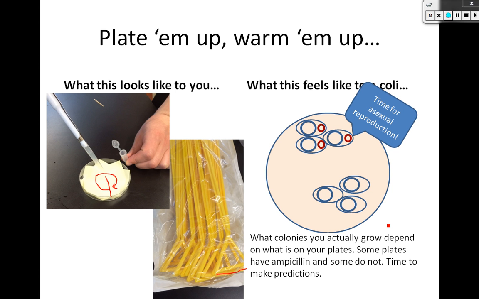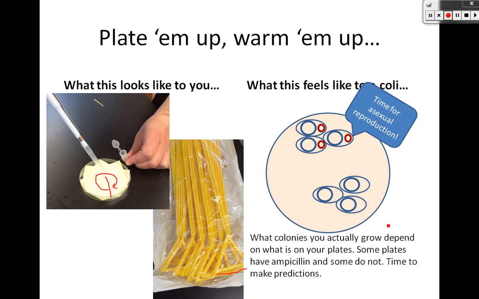You're essentially getting clones. You're replicating the DNA and splitting the cell, and replicating the DNA and splitting the cell. So this is asexual reproduction, where you don't have some DNA from one parent and some from another, and you get a completely genetically unique offspring. This is a genetically identical offspring.